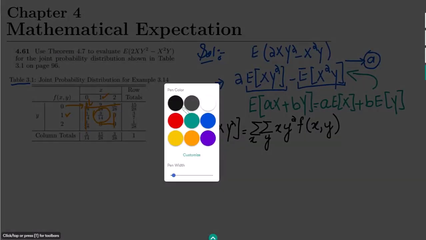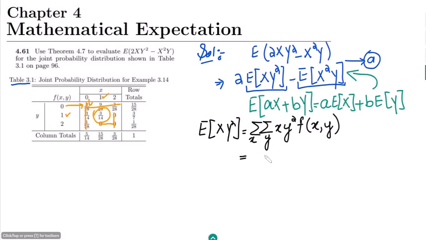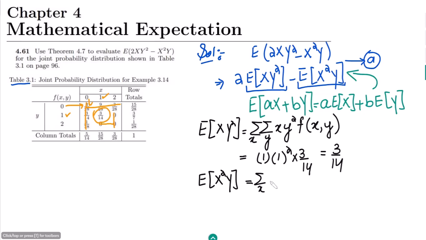Okay, so let me write those values here. So it will be for 1 square, and the value of f of x y will be 3 by 14. So this is 3 by 14 as well. Okay, similarly for finding the value of E of x square y, the similar operation will be followed here because the multiplication will remain the same, because here it would be x square y.